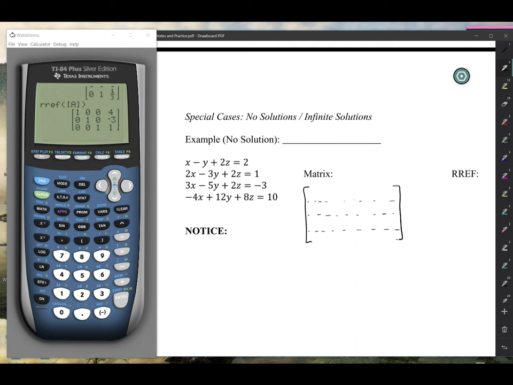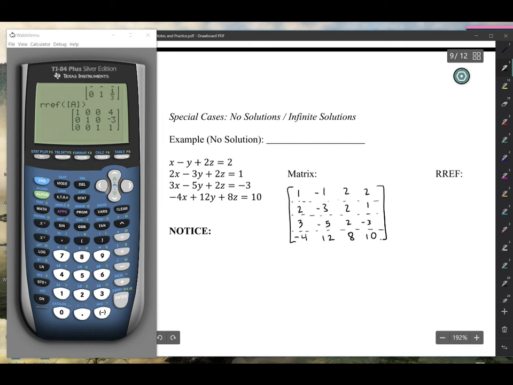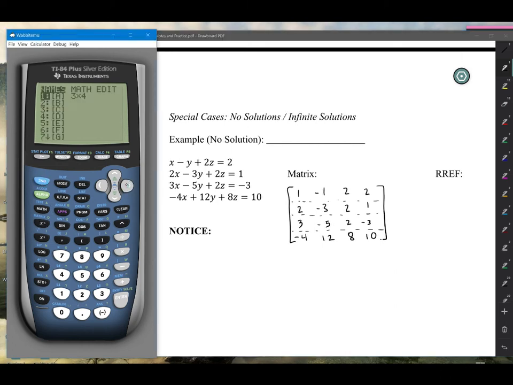So again, we'll just plug in our coefficients. -1, -3, -5, 12. So notice we can use this reduced row echelon form for some big systems here. And we need a 4 by 4. Just going to let my calculator do that work.